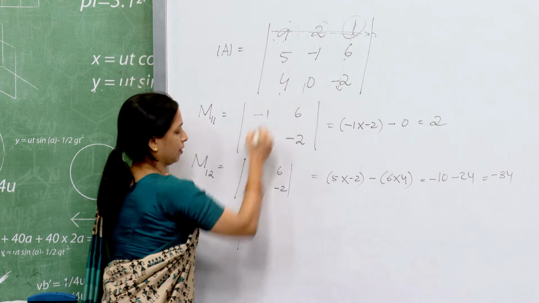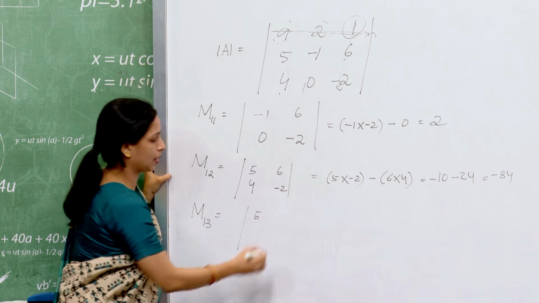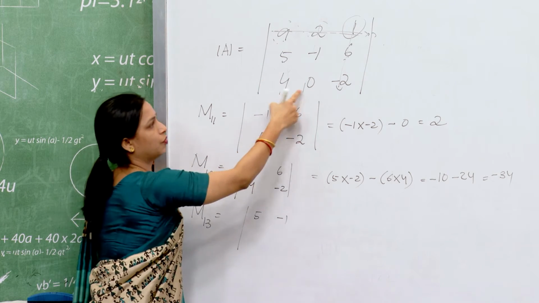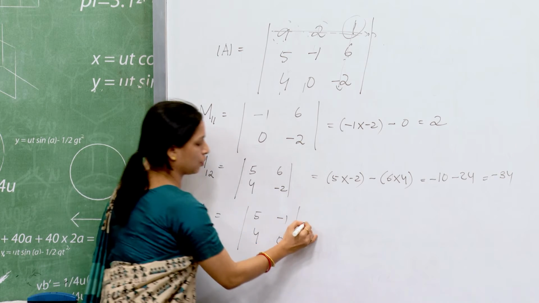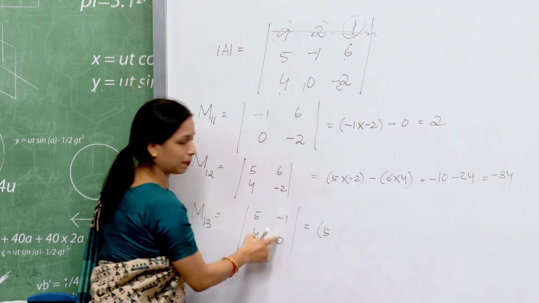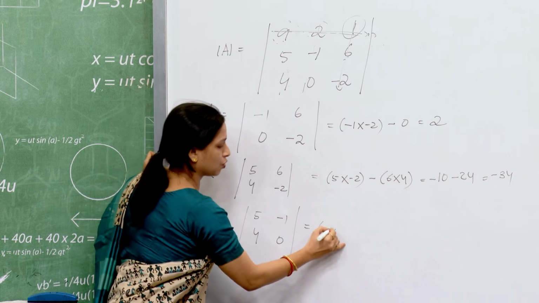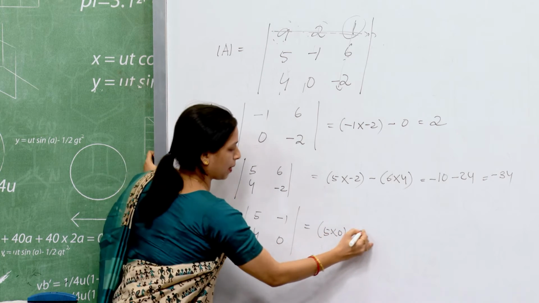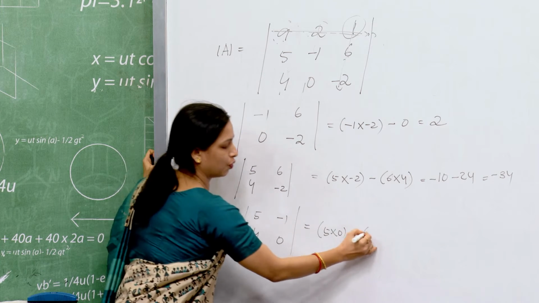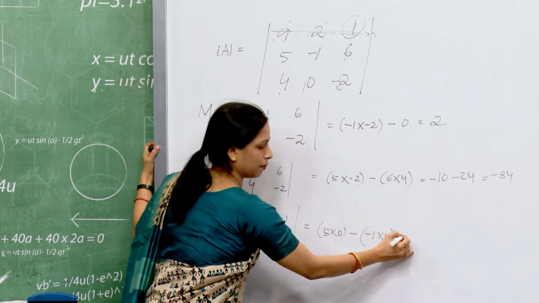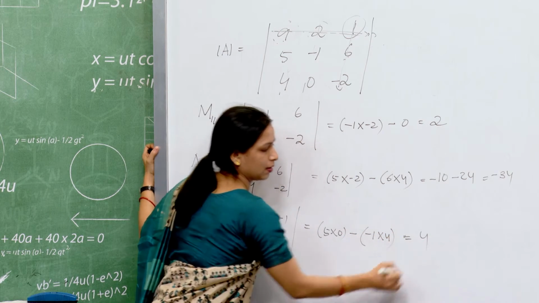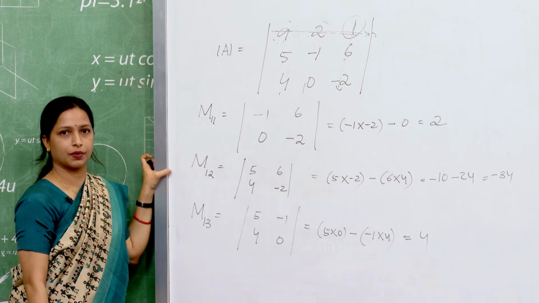So, what do I get? 5, minus 1, 4 and 0, right. So, what do I do next? Cross multiply the diagonal elements. So, 5 into 0, obviously 0, minus 1 into 4. So, this is 0 plus 4, that is 4. So, the minor is 4, right.